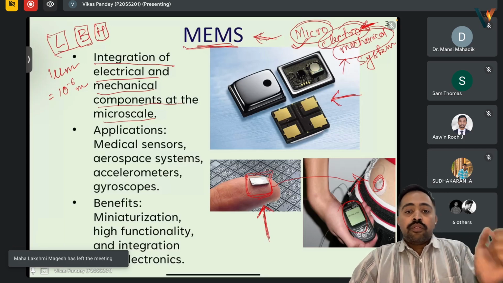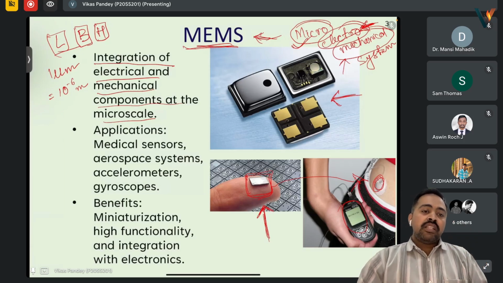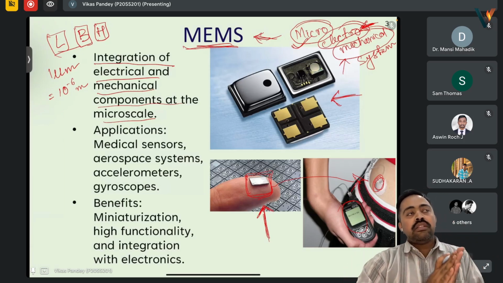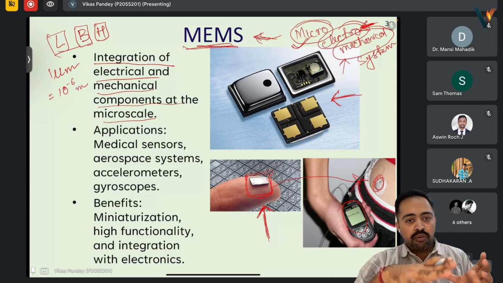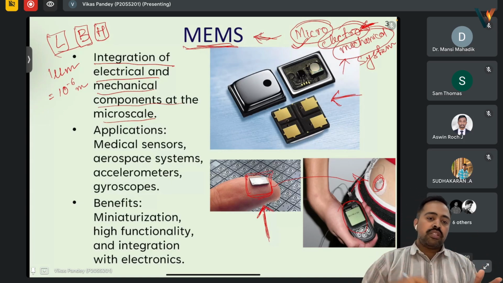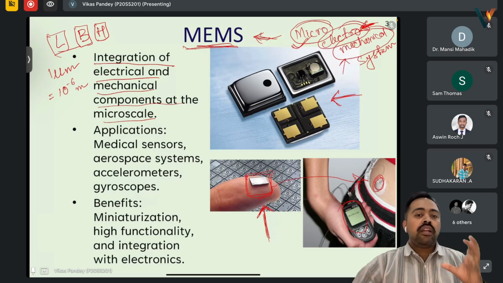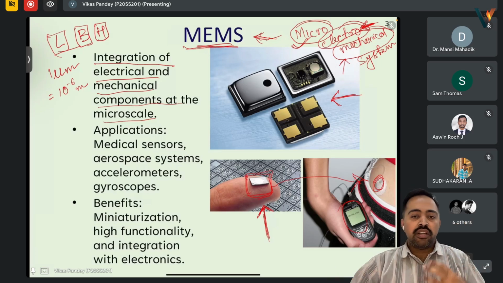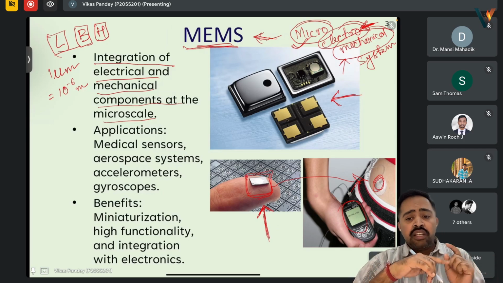So the first advantage is that it has been miniaturized. That means it is lightweight and has high functionality. In the same mobile system, a lot of systems are built in because they are smaller. What if we had a big compass, big accelerometer, and everything? It would not have been convenient to integrate in one system.